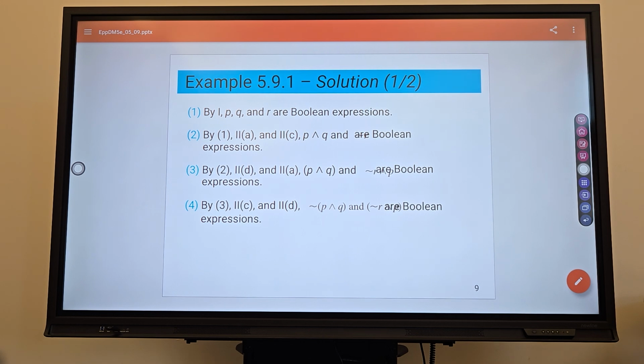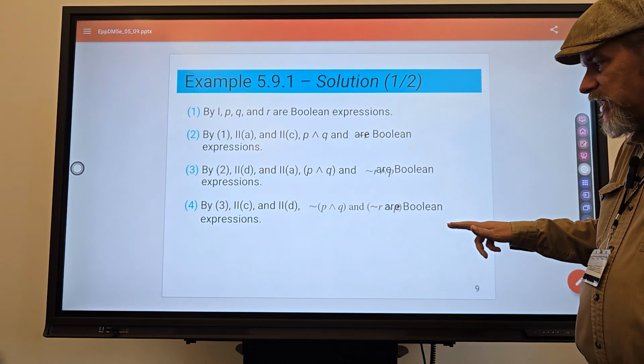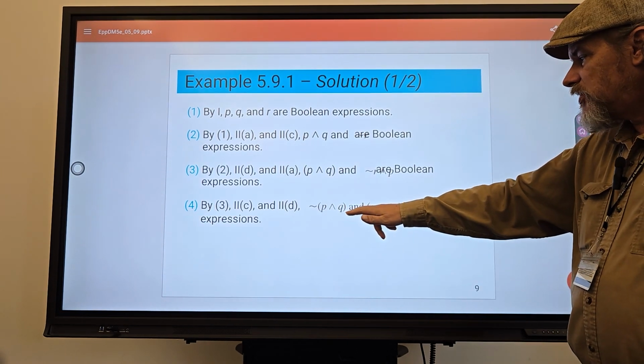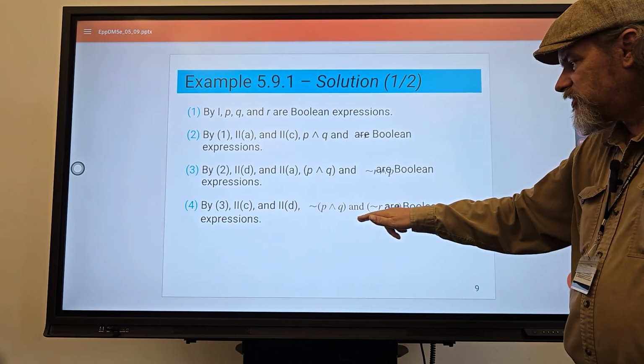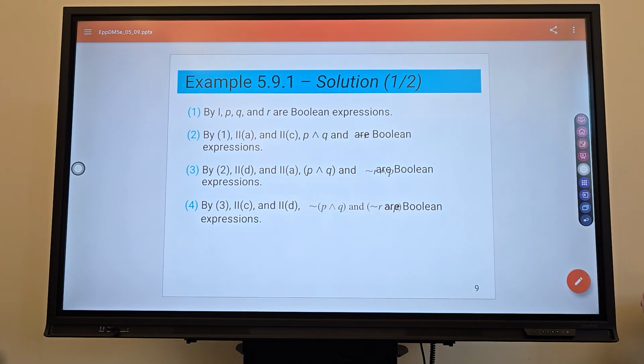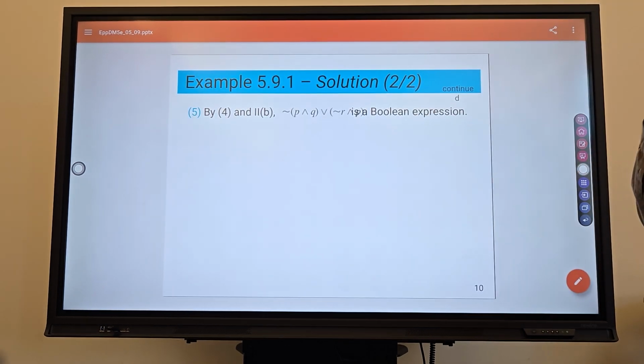And by 3 and 2C and 2D, not P, not quantity P and Q, and not R and P in parentheses are also Boolean expressions. Therefore, by 4 and 2B, the full expression is a Boolean expression.